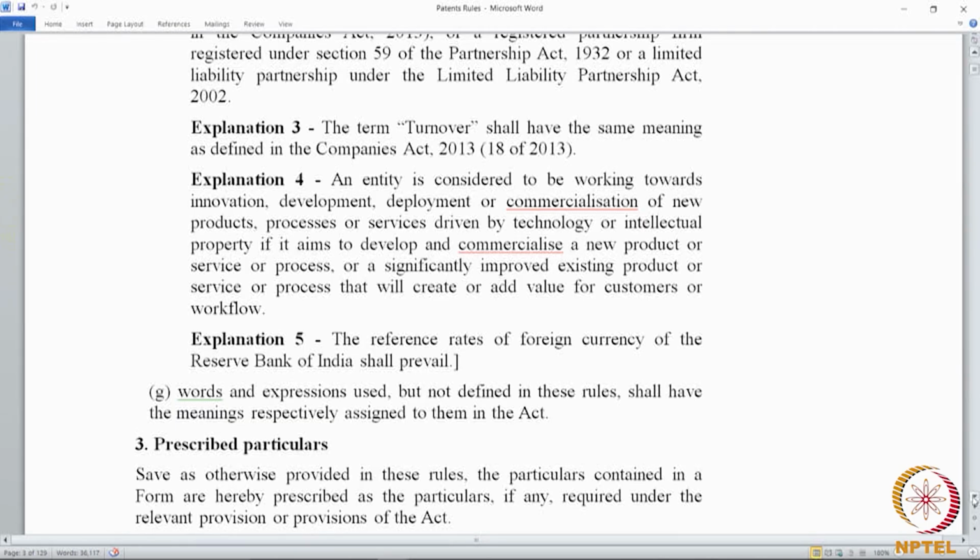This is a blanket provision which tells us that if the words and expressions are not specifically defined in the rules, then they take the meaning as they take under the act. So, the act is what will prevail over the rules, and the rules are subsidiary to the act, and to that extent whatever definition is contained in the act can apply for the rules as well.